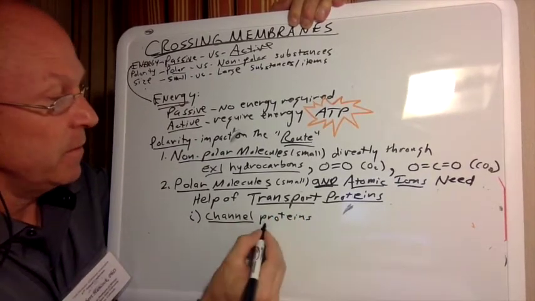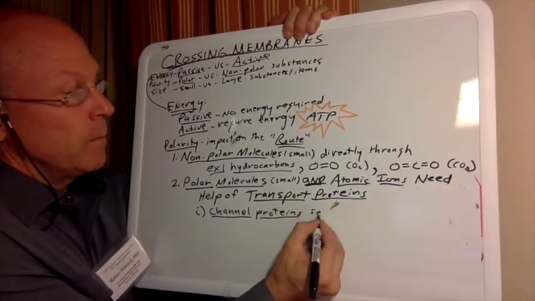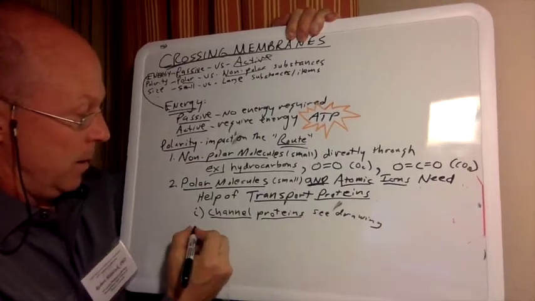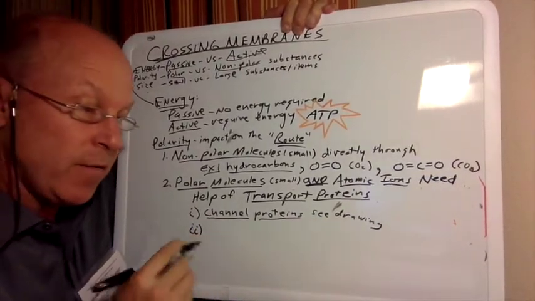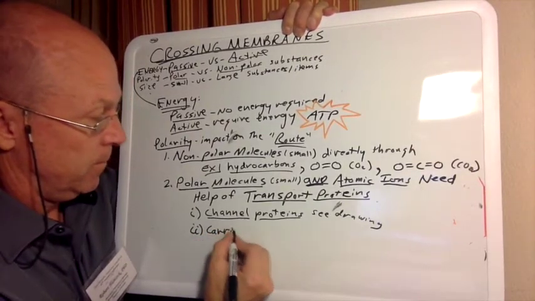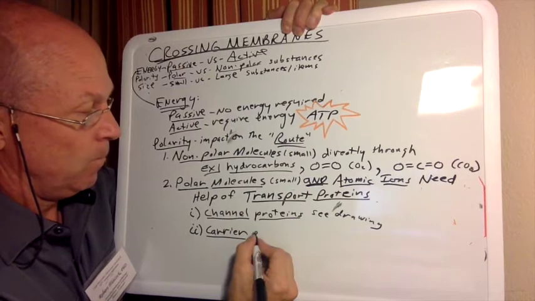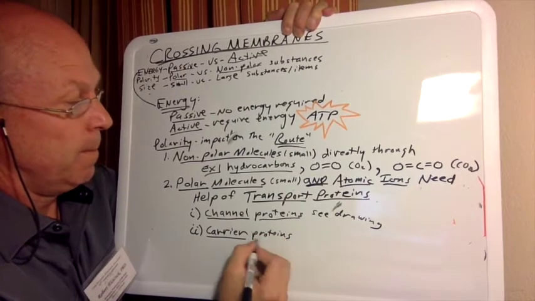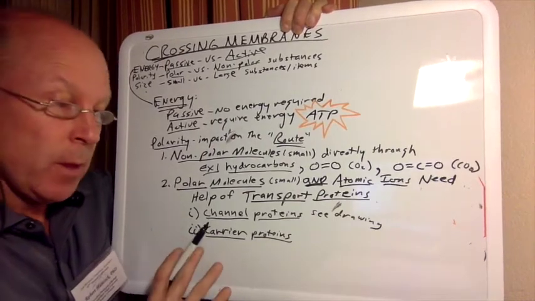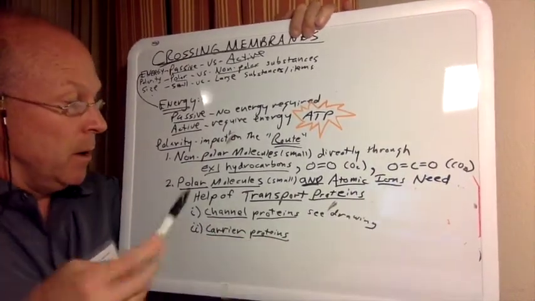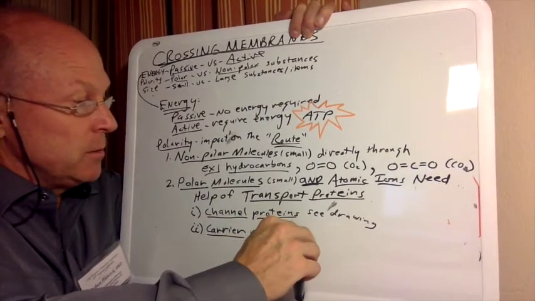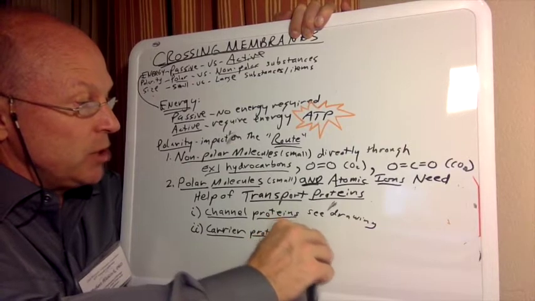We've already drawn this. And then in addition to that, carrier proteins. So we can relate this to energy as well. Carrier proteins, channel proteins are open, and as I mentioned, these require shape change.